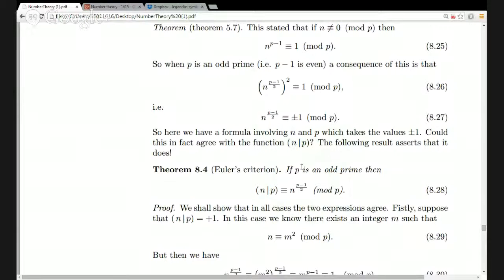The ones that give you odd are the ones congruent to 3 mod 4: 3 itself, 7, 11, and so on. The other ones, 5, 9, 13, are congruent to 1 mod 4. So that's the result.